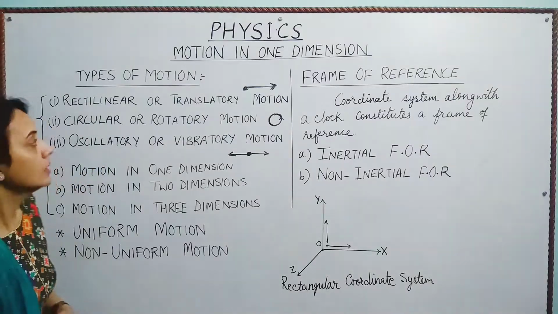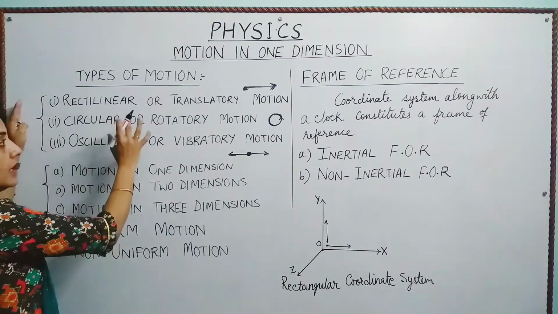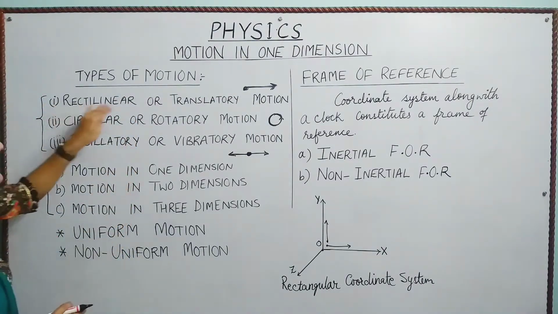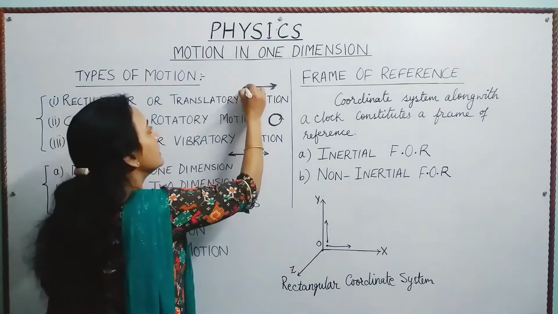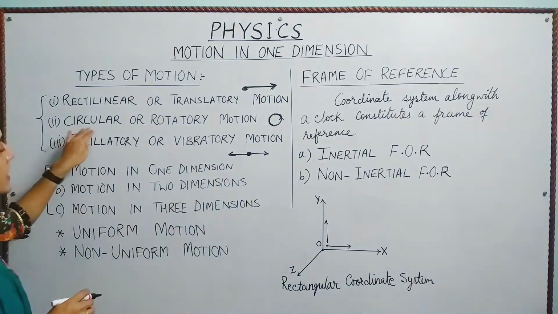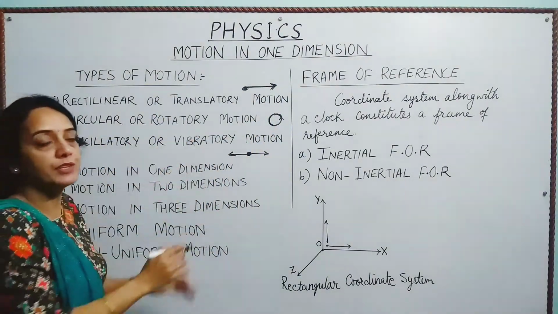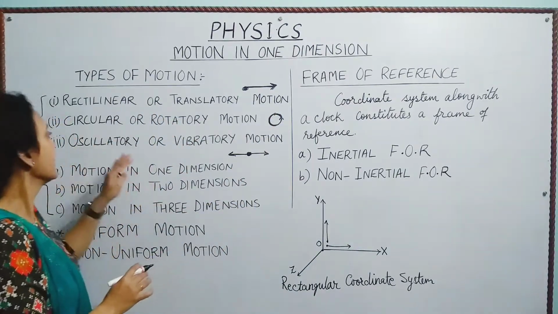Now we talk about the types of motion. There are three main kinds of motion: rectilinear or translatory motion, in which a body moves along a straight path. Second, circular or rotatory motion, in which a body moves along a circular path.